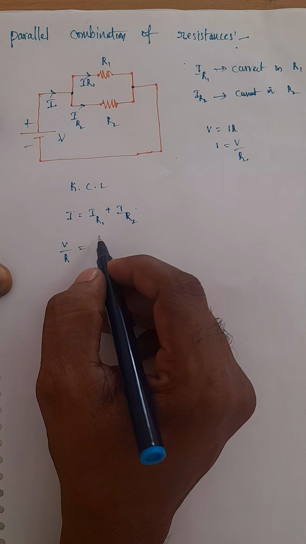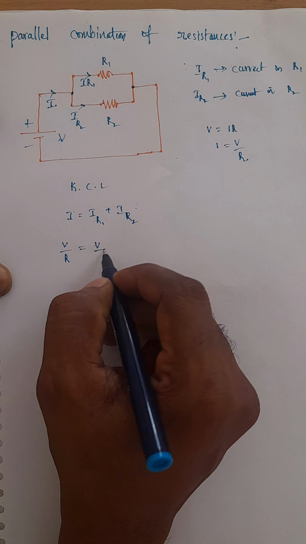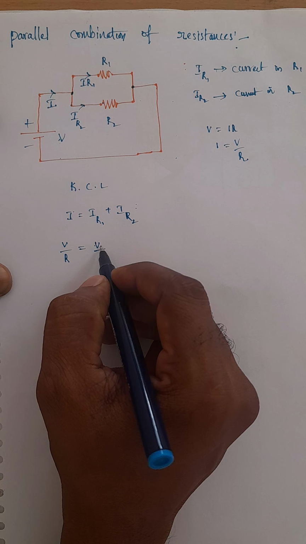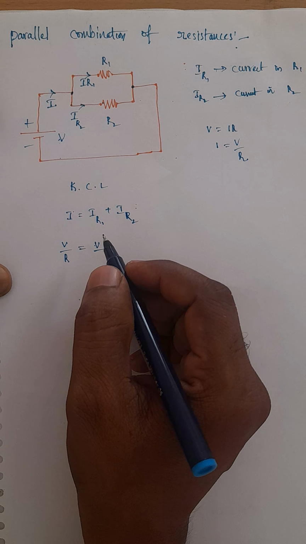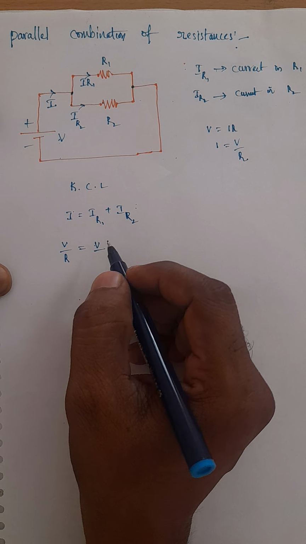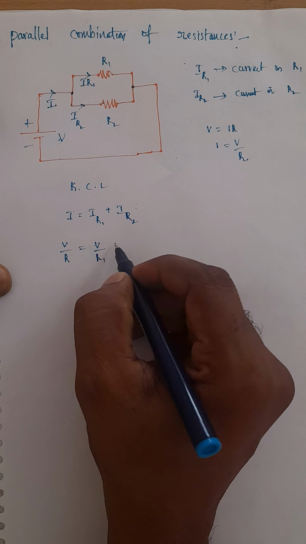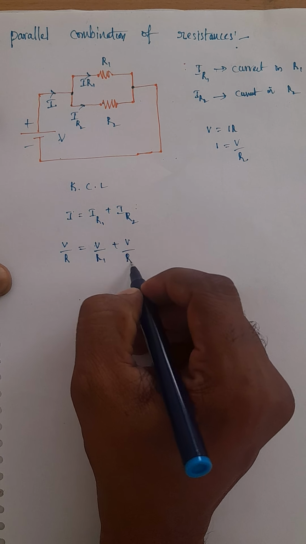So IR1 is equal to V by R1, and IR2 is V by R2.